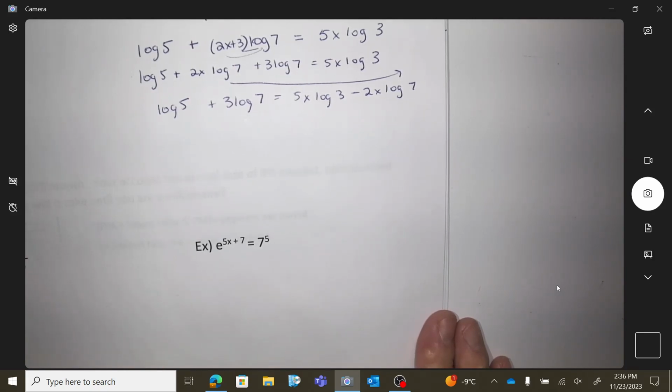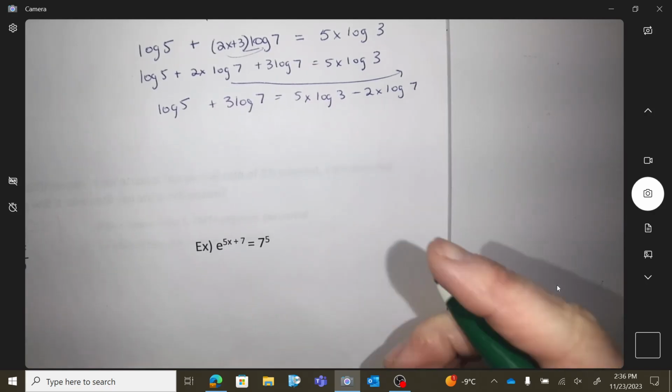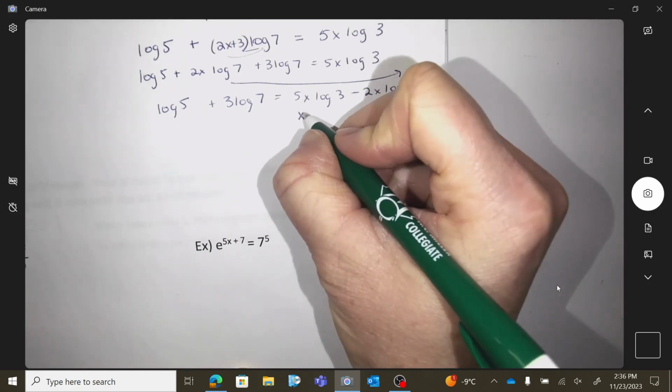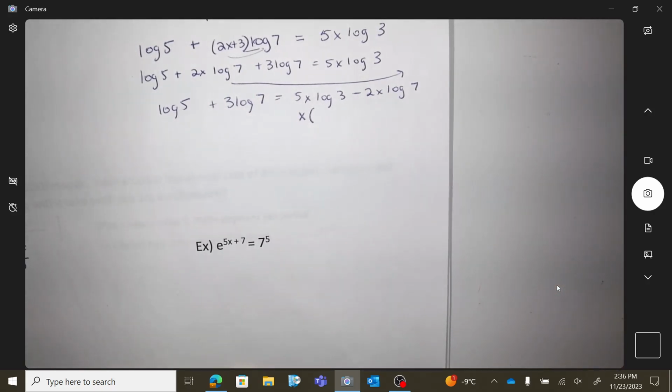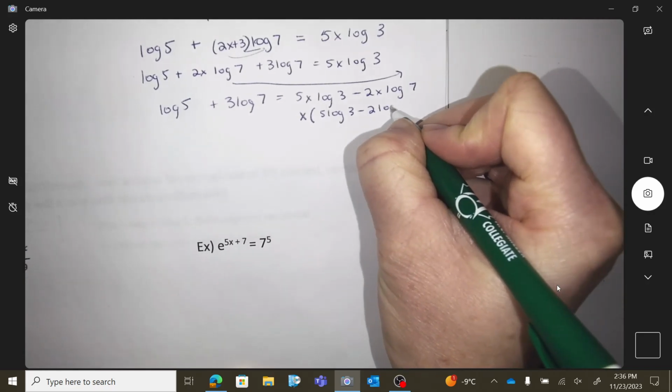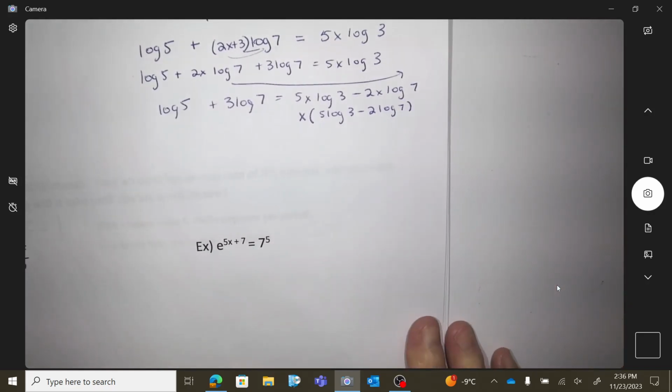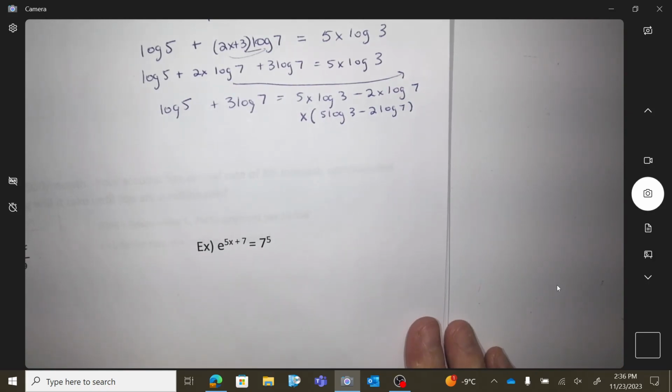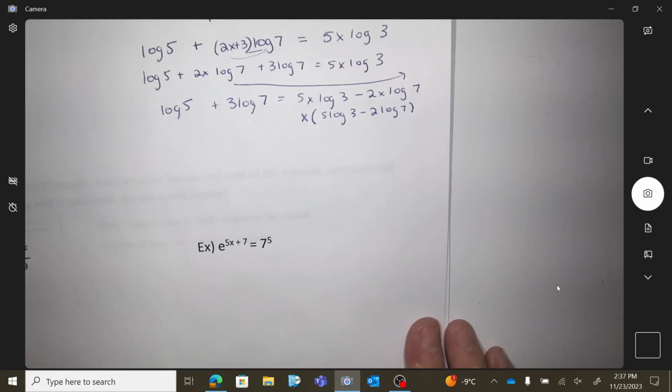Okay, so that's algebra. You're going to collect x stuff, non-x stuff. Separate that. Okay, on the x side, what I'm going to do is I'm going to GCF. So GCF the x out.